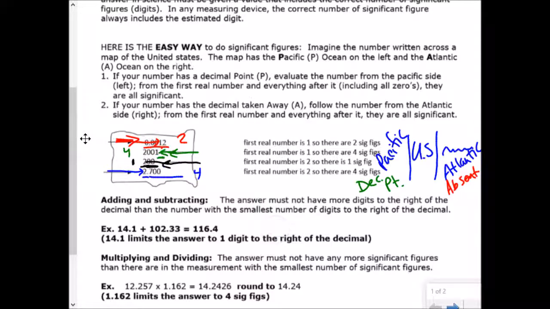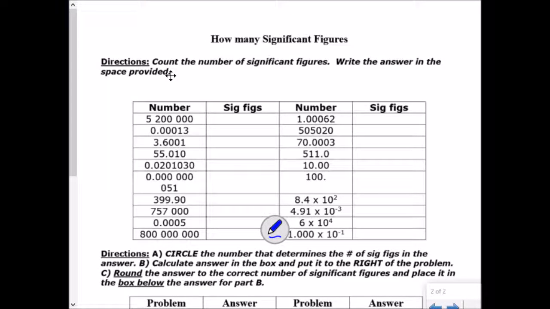Let's look at this first one up here. Does it have a decimal point? No, so which way am I going to start from? Right. So I start from the right, go to the first non-zero. How many does that one have? 2. Okay? How about here? Decimal point, start from the left. First non-zero is this 1.